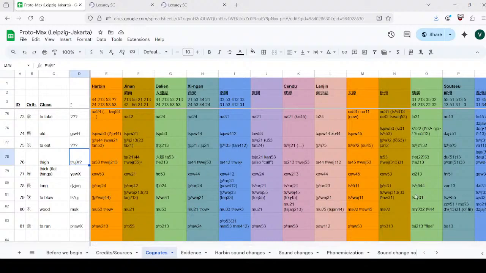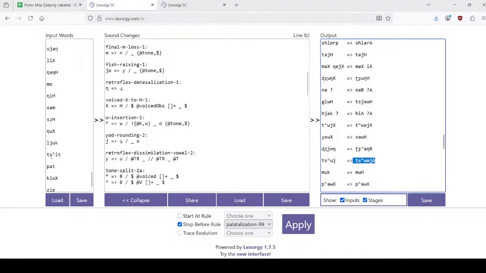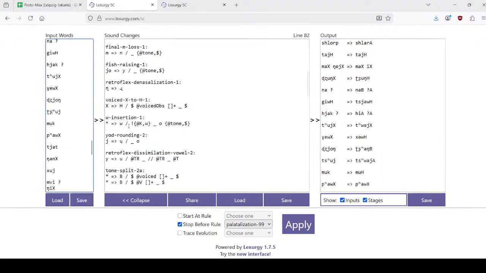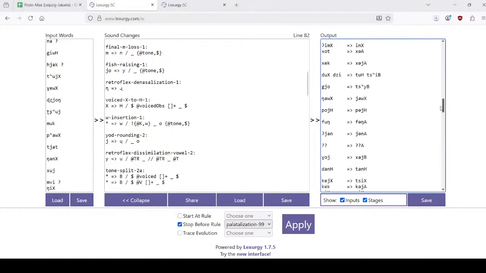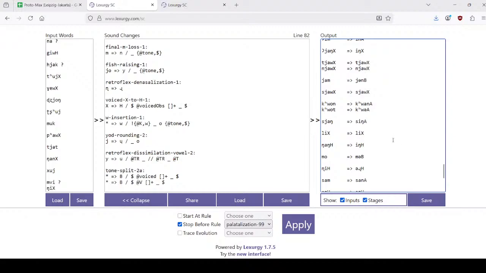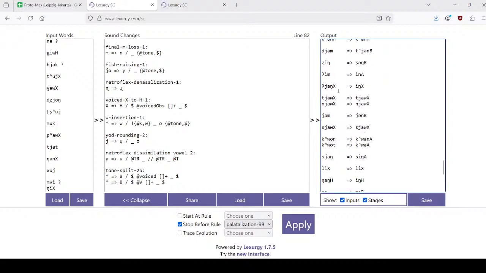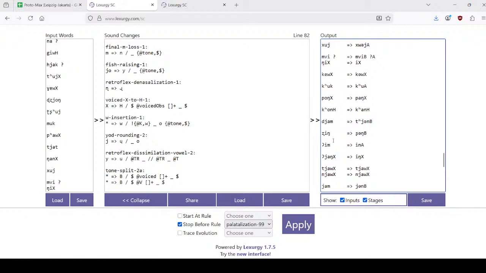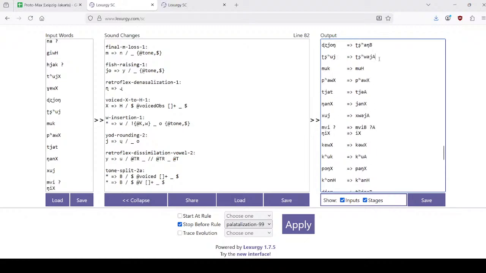I think I did end up doing shui for this, and then target these few that aren't showing retroflexes with more specific changes. So let me just change that. Where's blow? To blow, shui. And I'm going to save this as Protomax again, and then apply that, and then check that that checks out. Chui, where is it? Chui, okay.